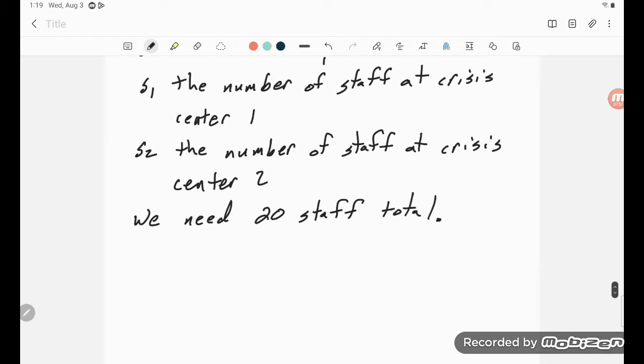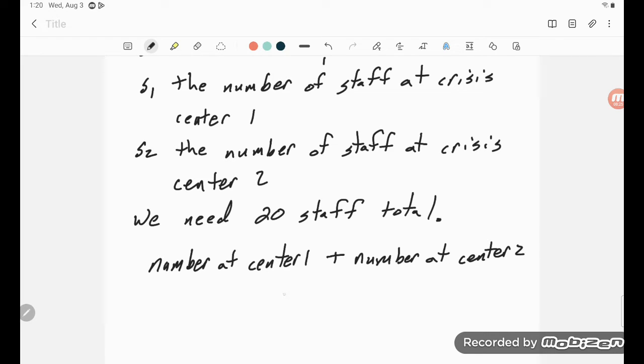Okay, now we can write that out as an equation, because, right, my number at center 1 plus number at center 2 is equal to the total number.